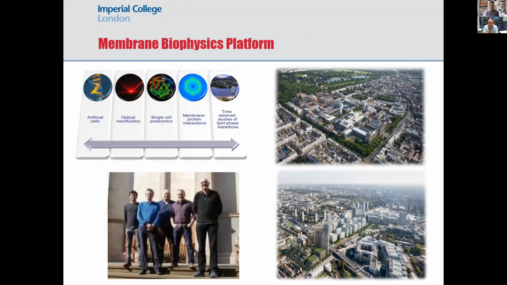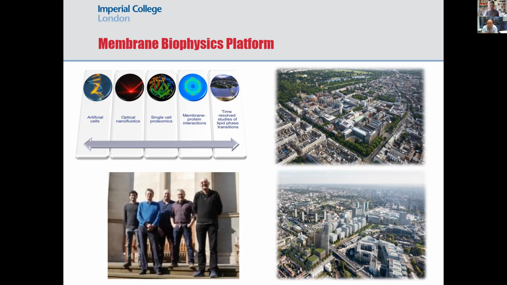So, just a little bit about my group. We're based at Imperial College in London. In the top corner, you see where the main university is based in central London near the museums, but we actually moved a couple of months ago, about 2 miles due west, to a new campus at White City. The chemistry department moved there, and I'm lucky to run a large group with my collaborators. You can see the photo there: Rob Law, Nick Brooks, John Senyval.